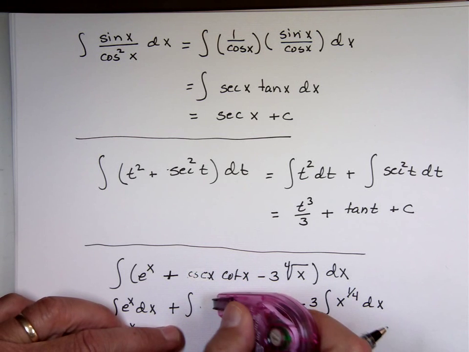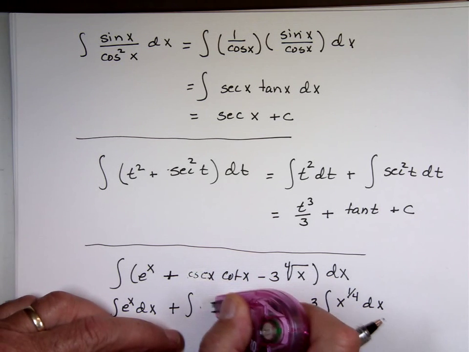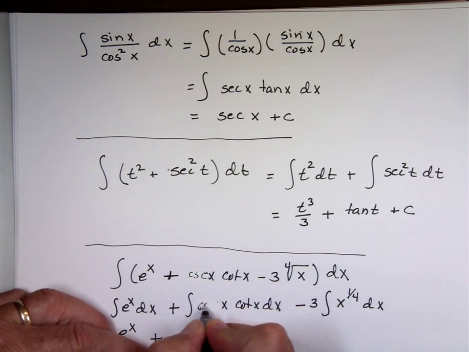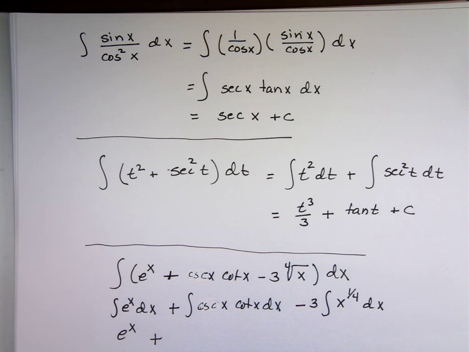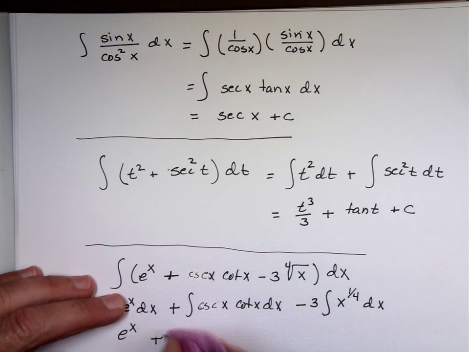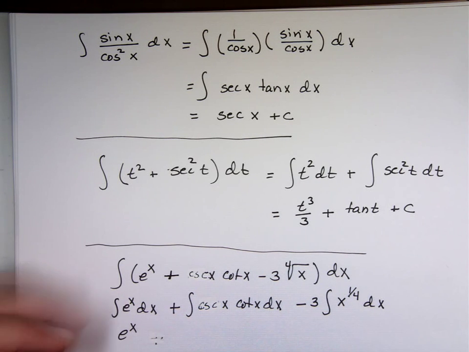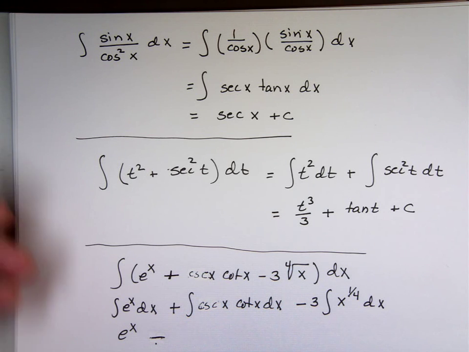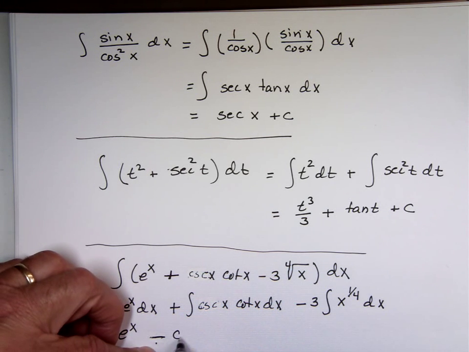That's why it didn't work, because I made that up. So who has a derivative equal to cosecant cotangent? It will be a negative, right? The derivative of cosecant is negative cosecant cotangent, so that would be negative cosecant of x.